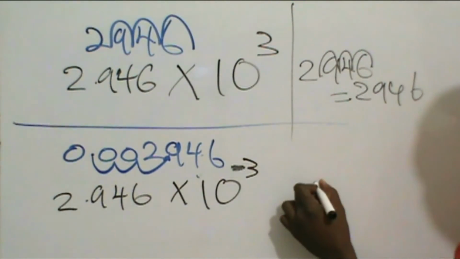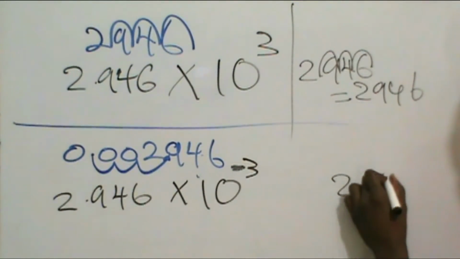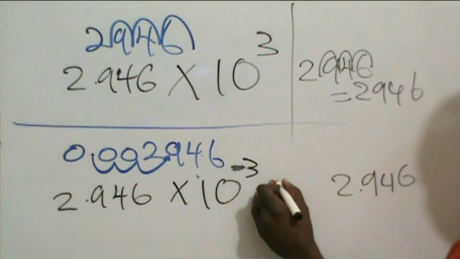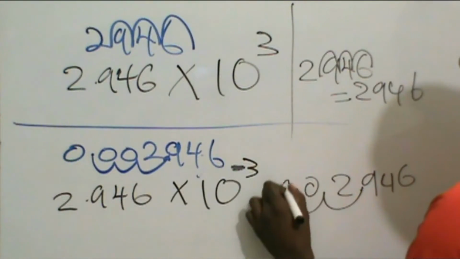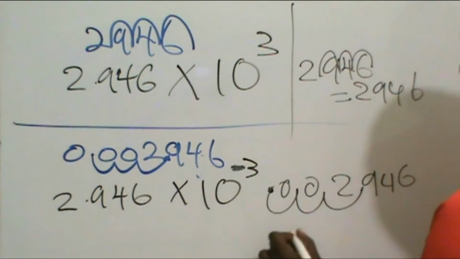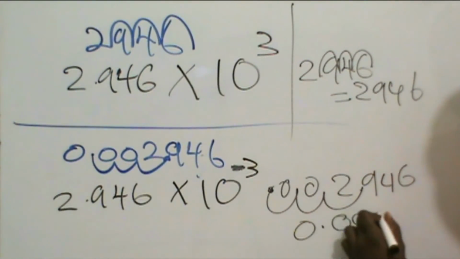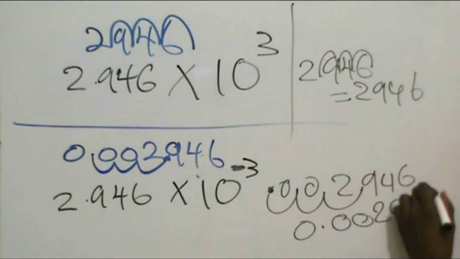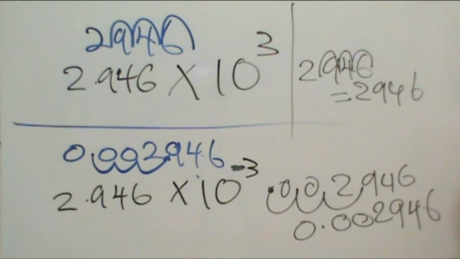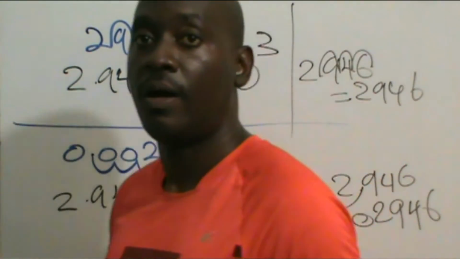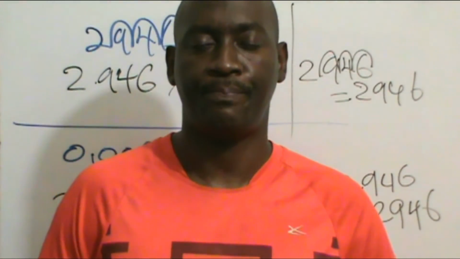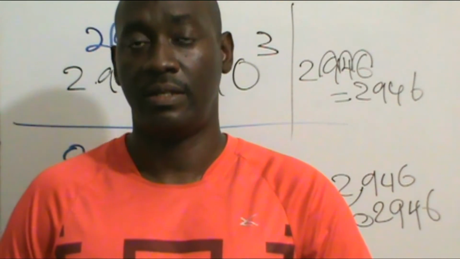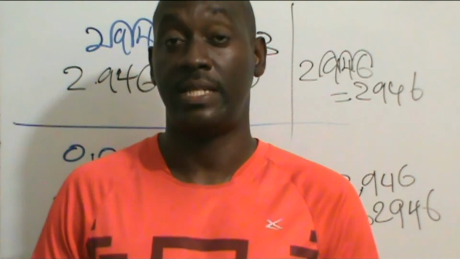Similarly here, if we start with 2.946 by 10 to the power of minus 3, we go 1, 2, 3, we end up with 0.0029446.